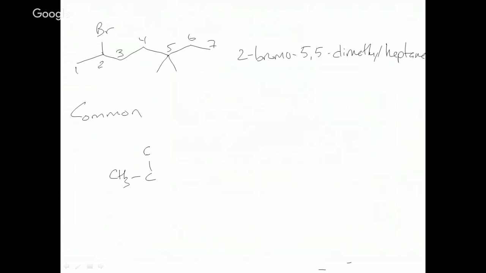Okay. So here we have, instead of this being a propane and being 2-methyl, 2-chloropropane or something like that, we say simply tert-butyl chloride, tert-butyl bromide, tert-butyl iodide. And then we have ethyl bromide.